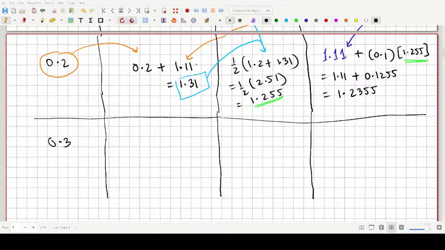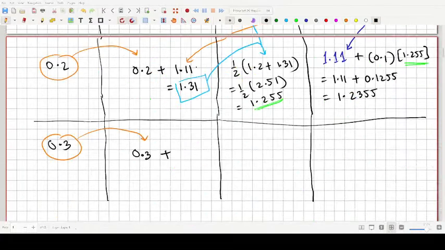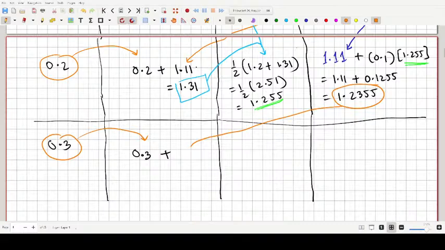Mean means average, the average slope. So first of all, I'll again use the orange circle here, from here to here, all the way to here. So this value is going to go as 1.5355.